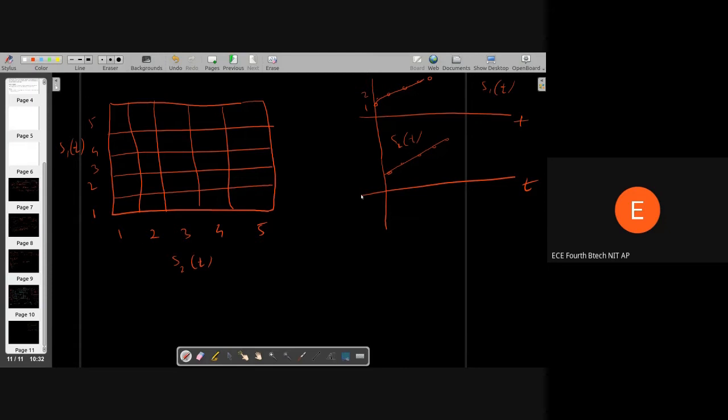The first point you compare with each of them, so you get some distance. Here it will be 0, this will be 1, this will be 2, this will be 3, this will be 4. Same thing: 1 2 3 4.